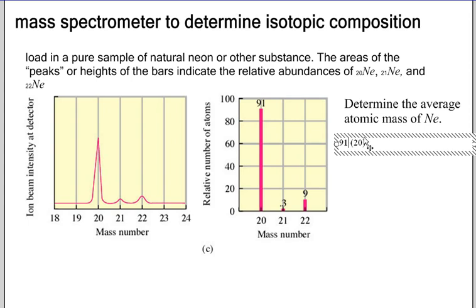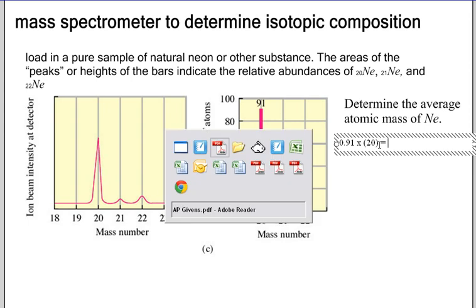Instead, we've got to change it to decimal form. So the decimal place is here. If we move it once, that would be dividing by 10. Move it twice, we're dividing by 100, so that we're going back to the decimal that it was. So 91% translates down to 0.91. We're going to multiply that by 20.